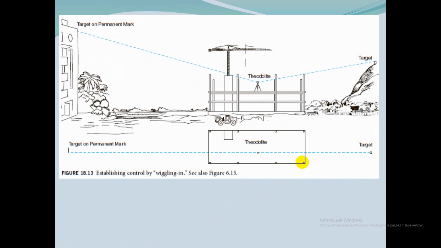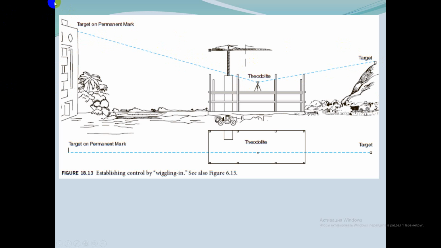This illustration illustrates the case where a theodolite is set up on line in between targets set on an adjacent structure.